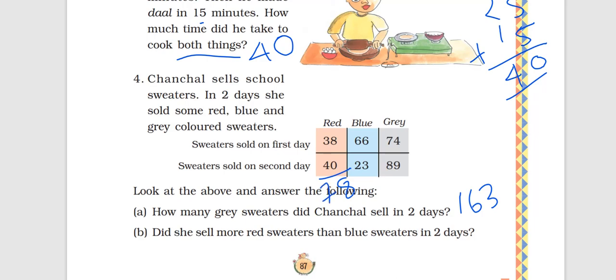And how many blue sweaters did she sell? 6 plus 3 is 9 ones and 6 plus 2 is 8 tens. So she sold 78 red and 89 blue sweaters. Did she sell more red sweaters than blue sweaters in 2 days? So the answer is no, because she sold more blue sweaters, 89, than 78 red sweaters.